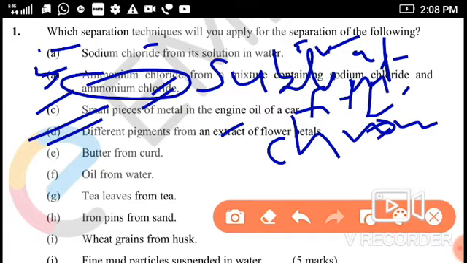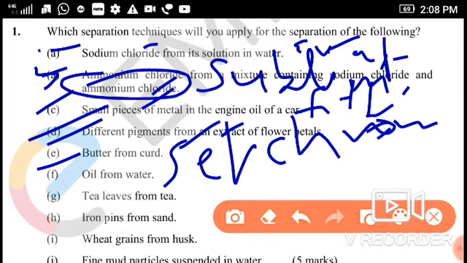Butter from curd, centrifugation. Oil from water, we should use a separating funnel. By using a separating funnel we can separate oil from water because oil is lighter than water, so it floats over the water.